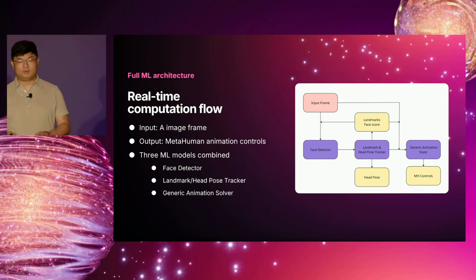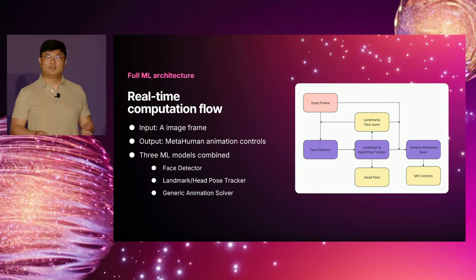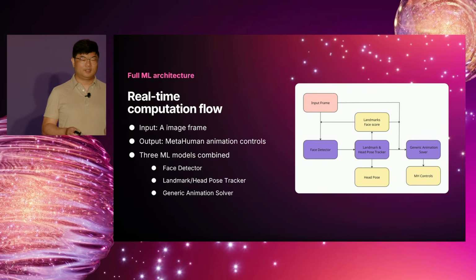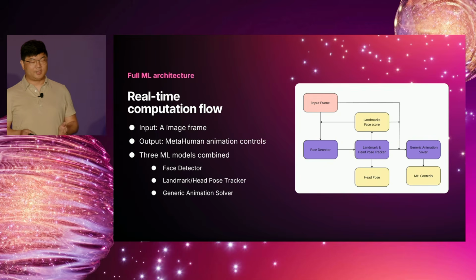So with our real and synthetic data set, we train the ML models and build a computational pipeline around it to achieve real-time performance. The pipeline takes an image frame as an input and outputs MetaHuman animation controls as well as tracked landmark and head pose parameters too.